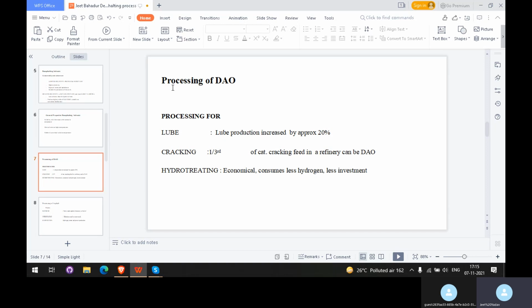For the production of the lube, we process the DAO, and the production is increased by the processing approximately 20%, and the cracking part also gives us one third of the catalytic cracking in a refinery can be DAO, basically deasphalted oil. Then the hydrotreating part, the third one, is the economical part, and it requires less hydrogen and also requires less investment. So these are the things for the processing of the deasphalted oil.